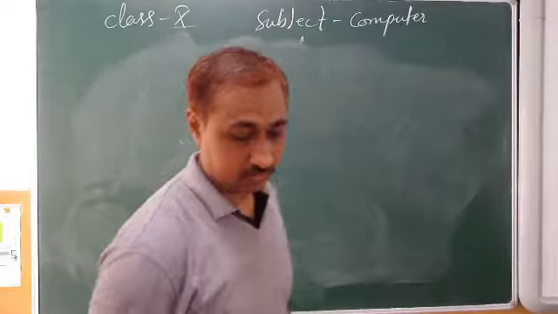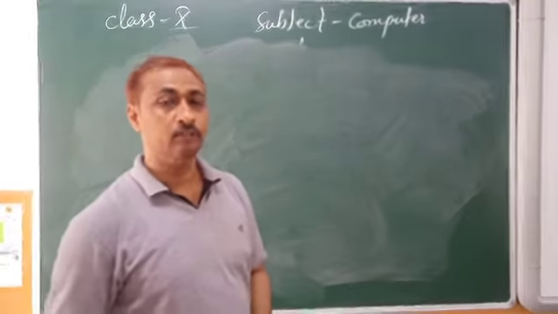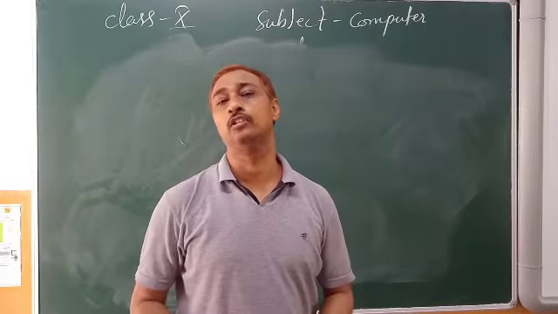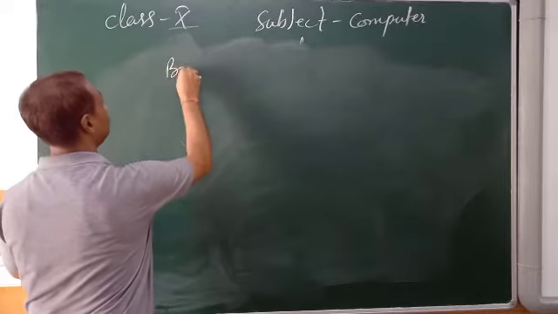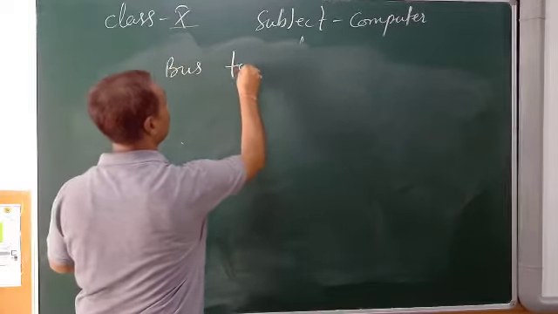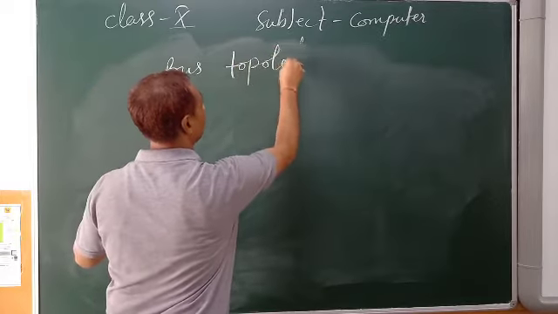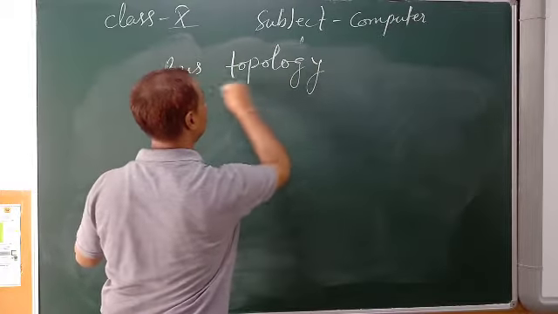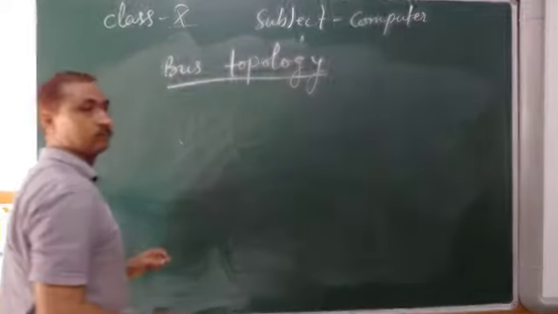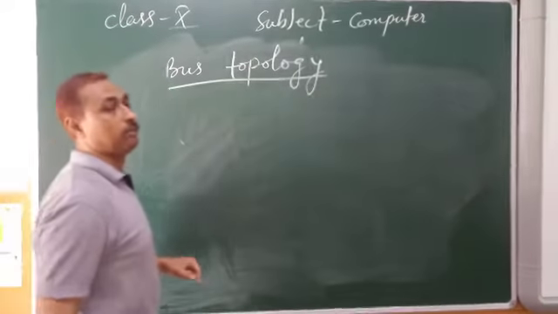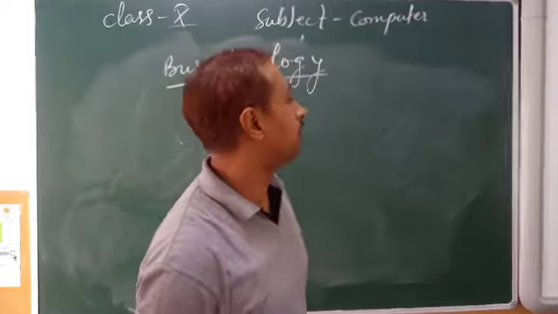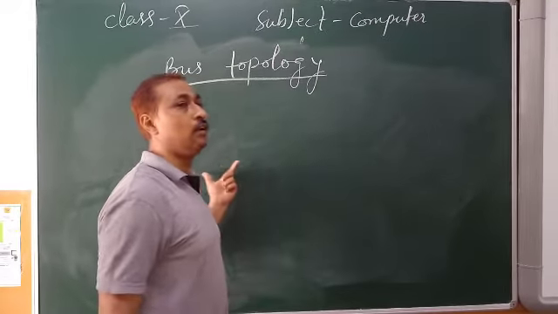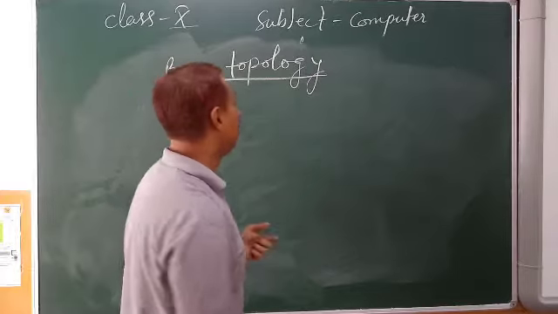First we will discuss bus topology, which is also called linear topology. In bus topology, why is it called bus or linear? Because all the computers are connected through the same cable.